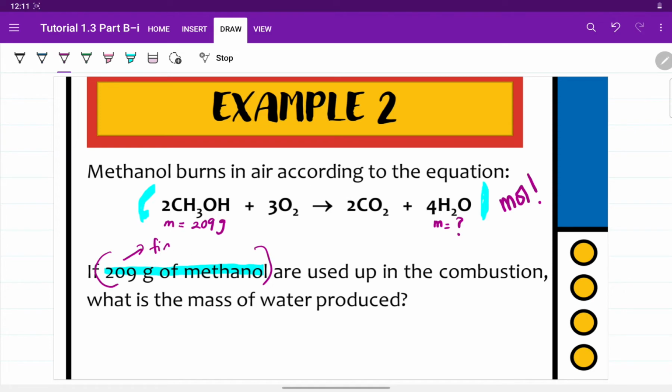Okay, find mole. Okay, macam mana nak cari number of mole? So, mole, mass over molar mass. If mass is given, so mass over molar mass. So now, let's look on how to answer this question.